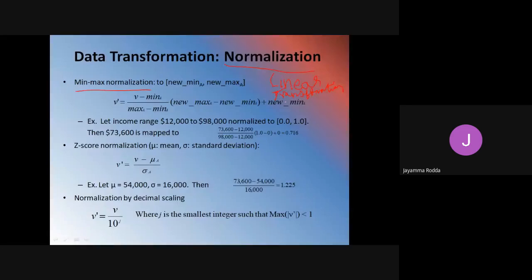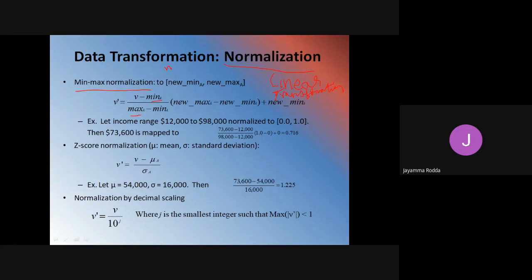Suppose we are having min A and max A. This is the min A and this is the max A. Okay, these are the minimum values and the maximum values of a given set of attribute values. So if I say age is having different values, age will be storing different values 10, 20, 40, 30.